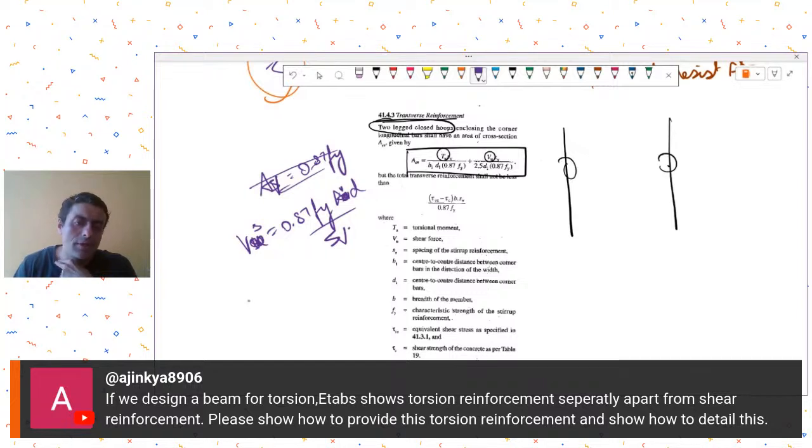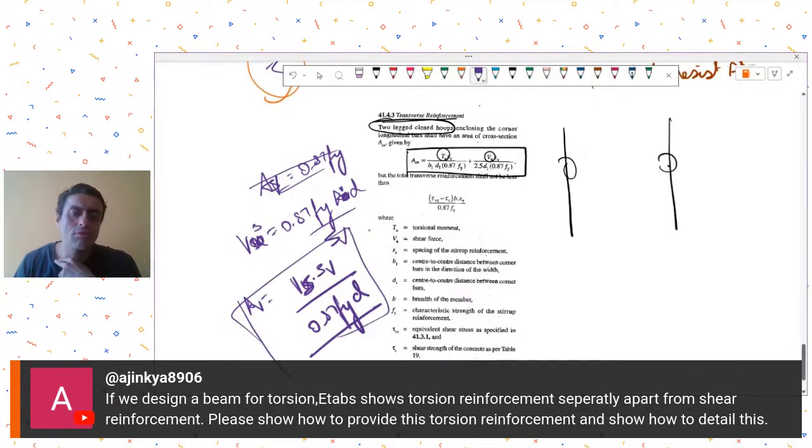So from here, I may get the shear reinforcement requirement as Vs into Sv upon 0.87 Fy d, right? So this is the shear reinforcement required corresponding to the Vs, okay?